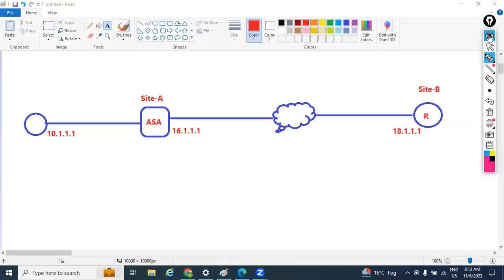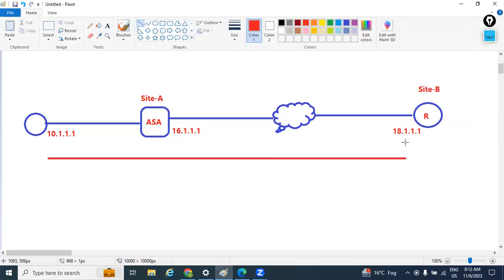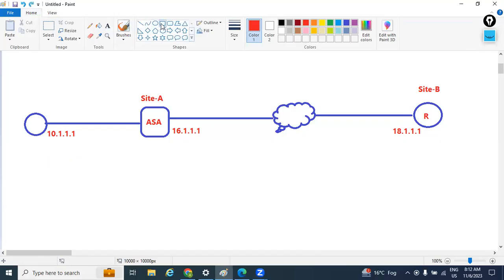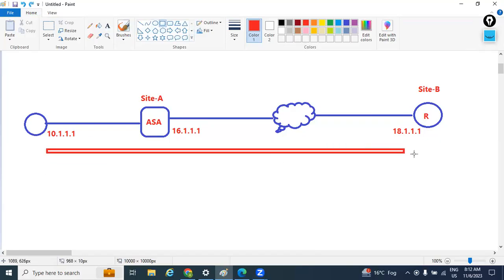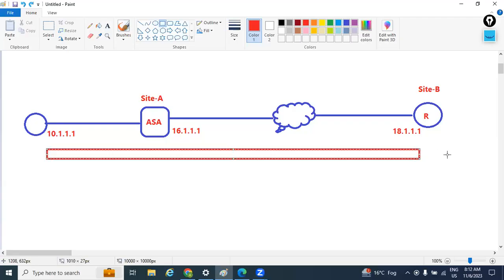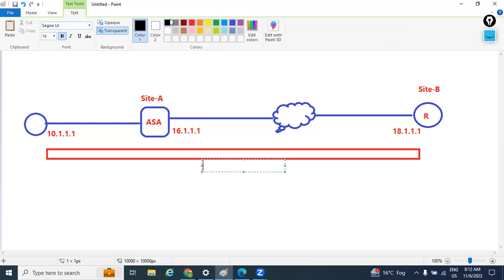But today, we have to configure a VPN like this. Same IPsec concept, same configuration, everything will remain the same here.